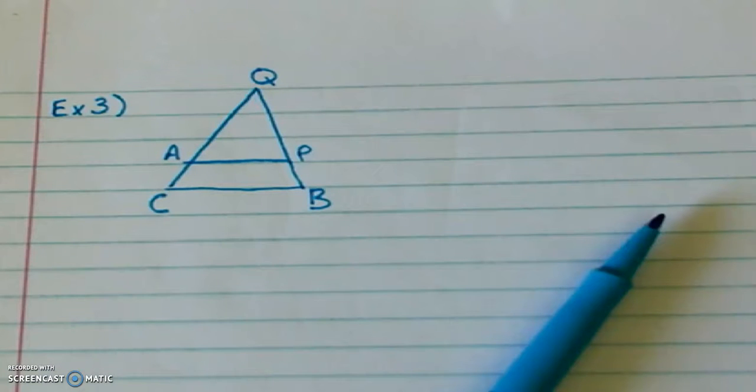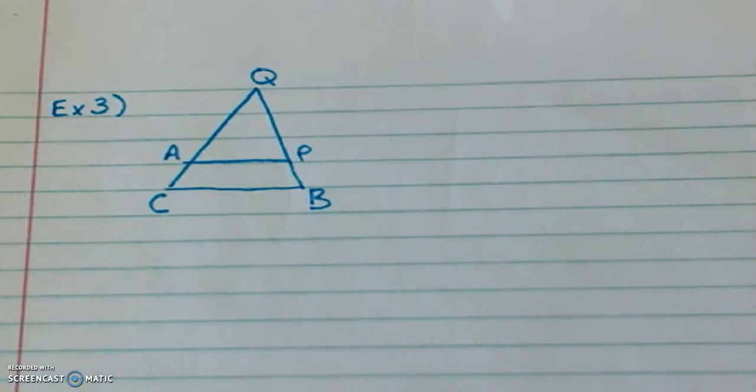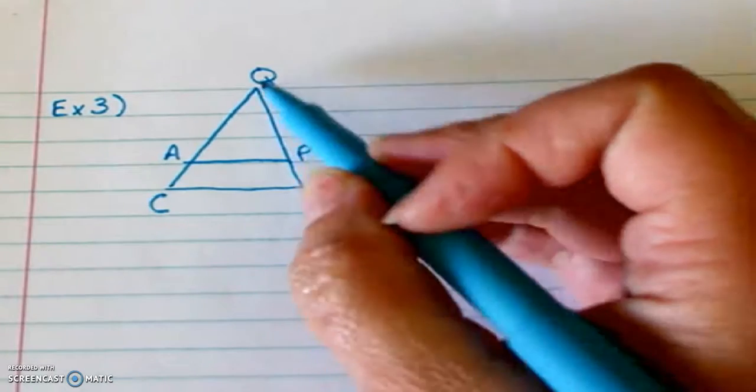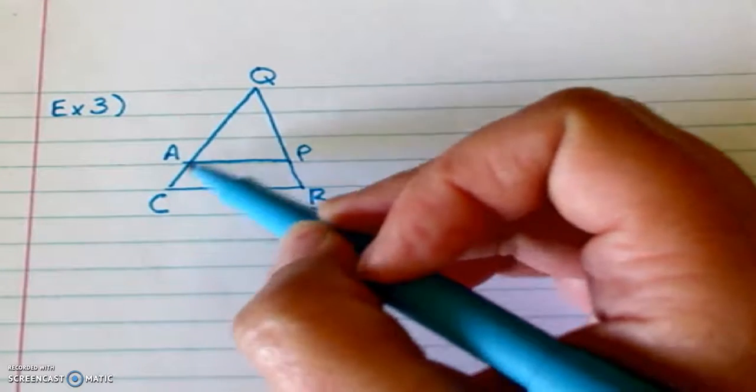Okay, another example of how you might use scale factors. If I gave you the following figure, and I said that P lies on BQ, and A lies on CQ.